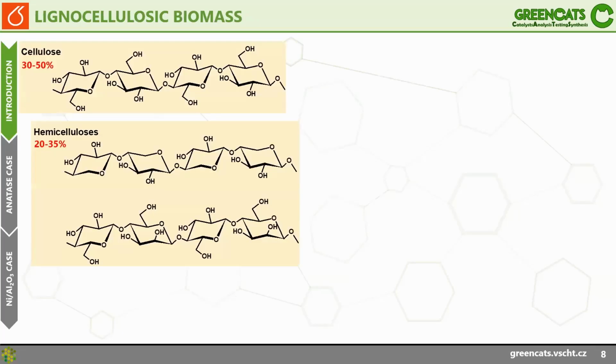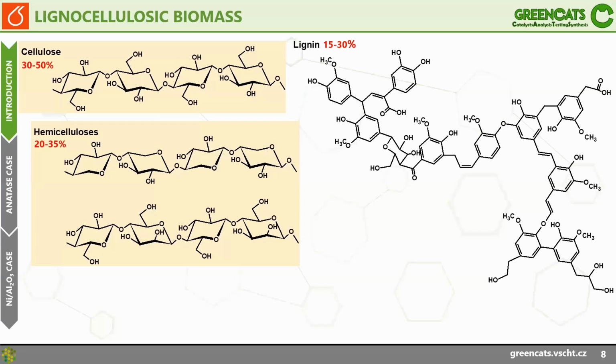Okay, and to wrap up the introductory part, I will just briefly look at the lignocellulose, what we have there as biomass. So we realize we have cellulose, consisting of glucose units. We have hemicellulose, those are the carbohydrate parts, and then we have also lignin.